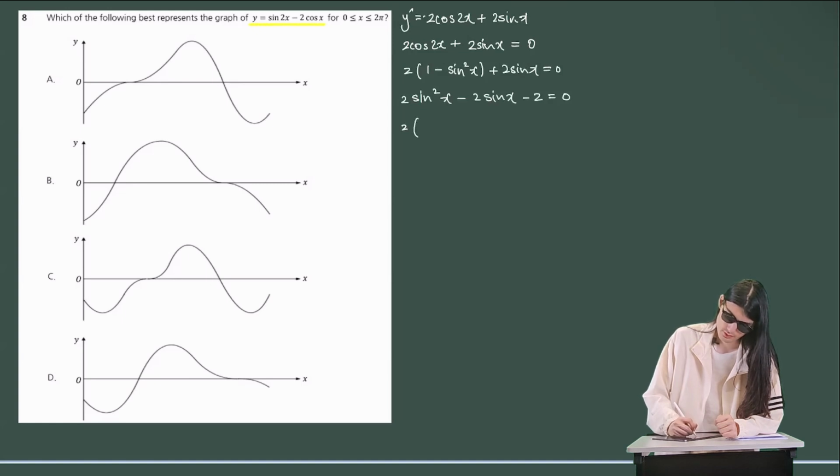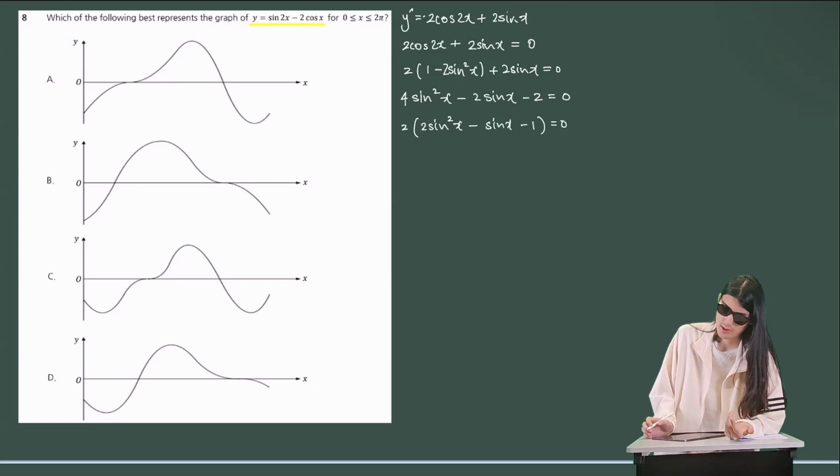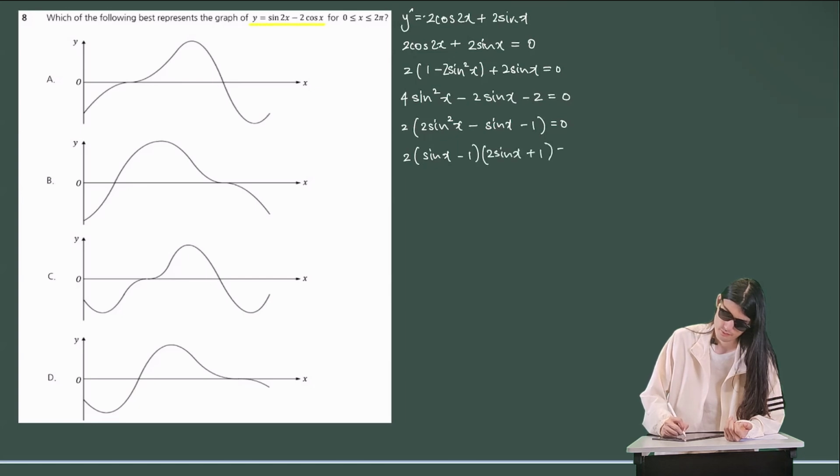Oops, and I was supposed to have 2 here when I apply the double angle formula, aren't I? So yes, again, factorize. And then factorize again. There we go.